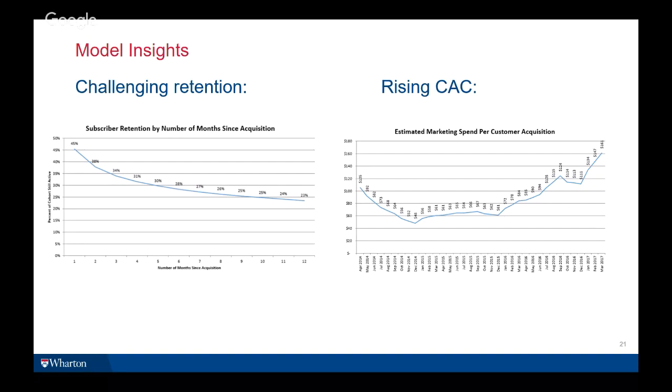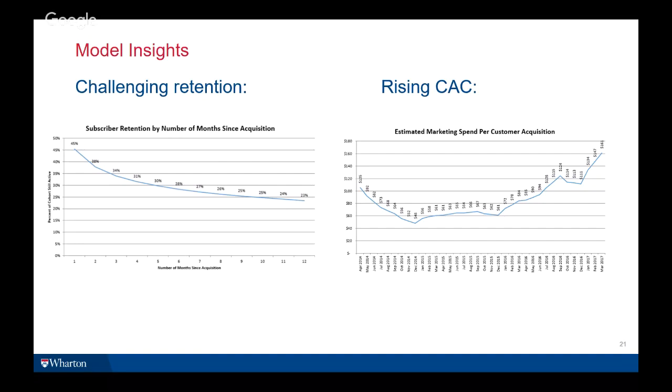On that previous slide, I'd shown the average customer acquisition cost from Q1 of 2014 to Q1 of 2017, and that number was $92. But what we can see more recently is that Blue Apron's been spending on the order of $145 to acquire new customers now. So they're having to spend more to acquire them, and the customers are churning out pretty quickly. Both of those don't bode too well.